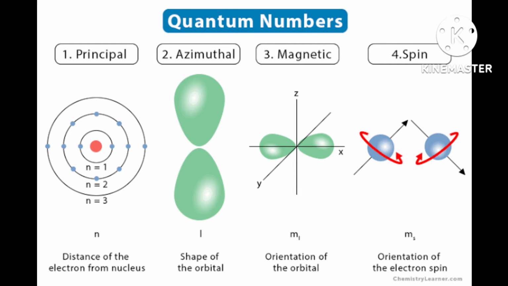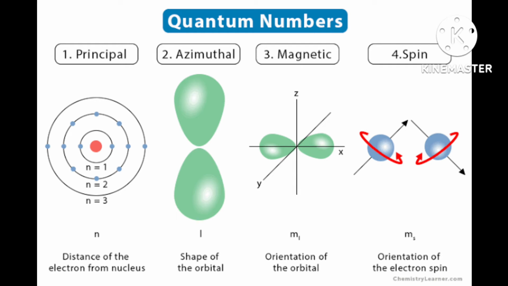Hence, S subcell, S orbital. P subcell, P orbitals. D subcell, D orbitals. F subcell, F orbitals. Don't confuse. Same designation.